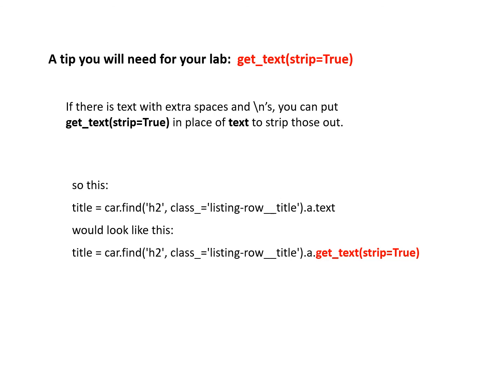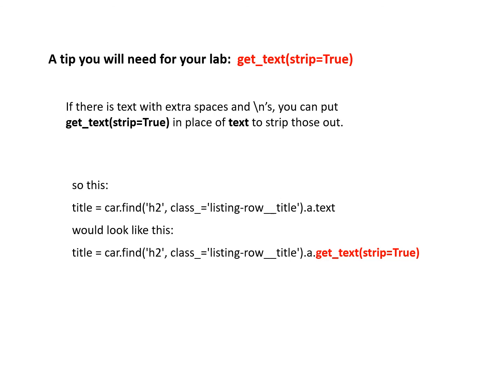Sometimes we might have some data in our web pages that we're trying to pull out that have some spaces, either in front of the data or after the data, just empty spaces that are basically invisible. But when you pull it in, these empty spaces would be there, and that might not be what you want.